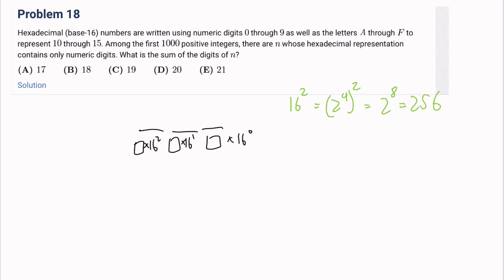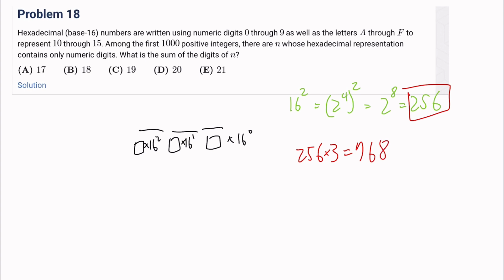And so how many times can 256 fit in 1000 before 256 times something goes over 1000? So 4 seems okay. 256 times 4 is 1024, so 4 won't be in there. Let's try 3. 256 times 3 is 768, so that's obviously less than 1000.